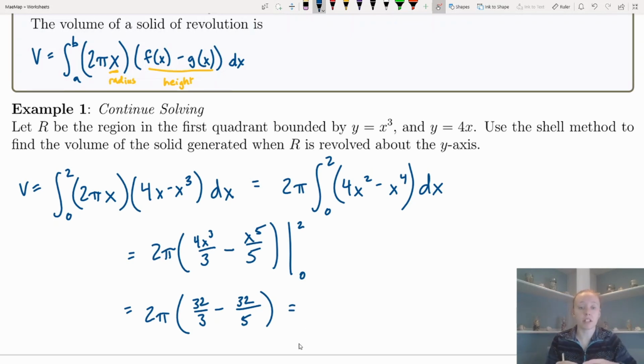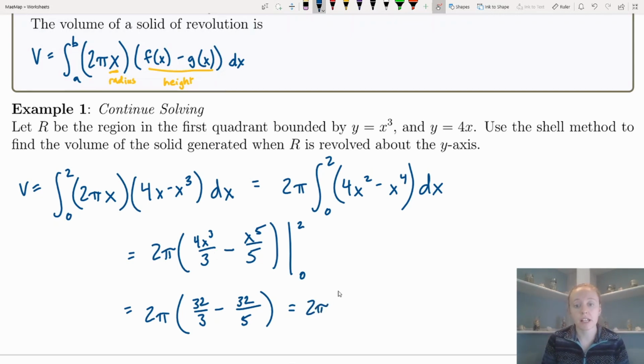So all I have is 2 pi times 32 thirds minus 32 fifths, which I'm going to find a common denominator to simplify this down. And between 3 and 5, that common denominator is going to be 15. So I'm going to multiply 32 by 5, and I'm also going to multiply 32 by 3.